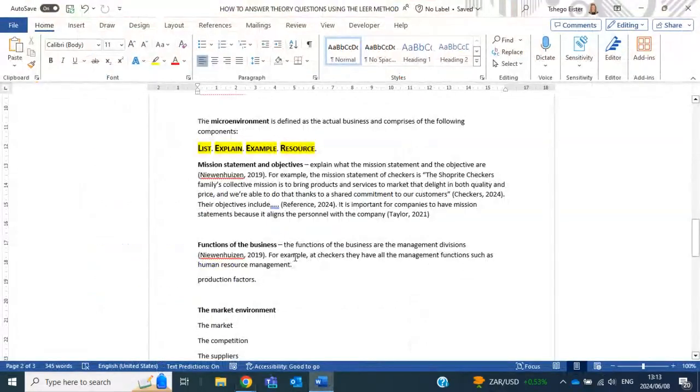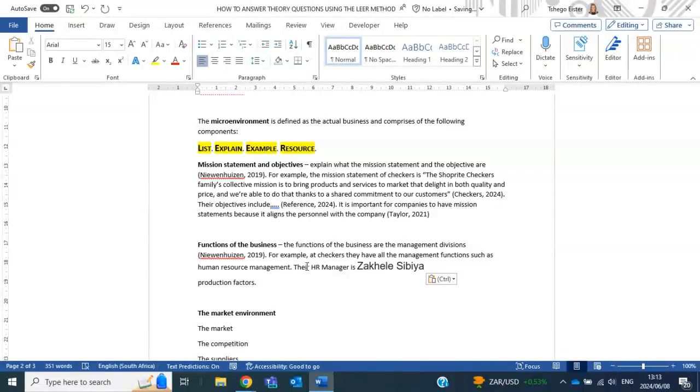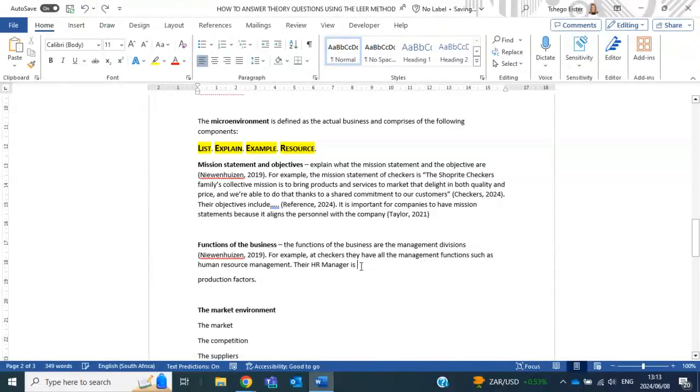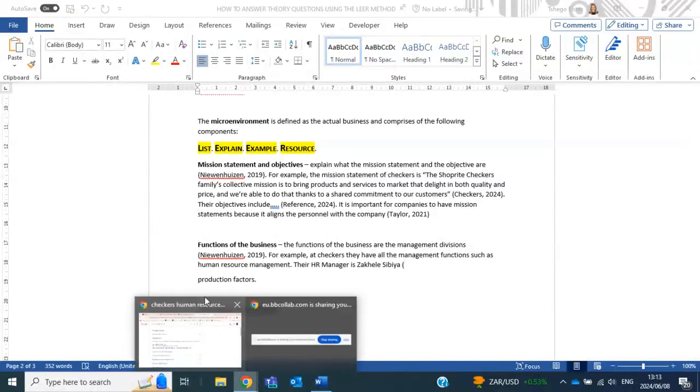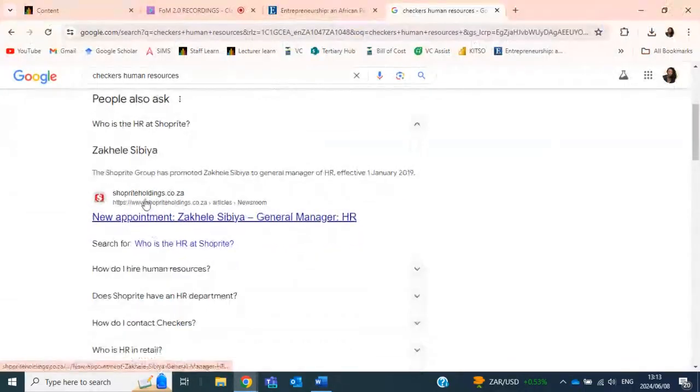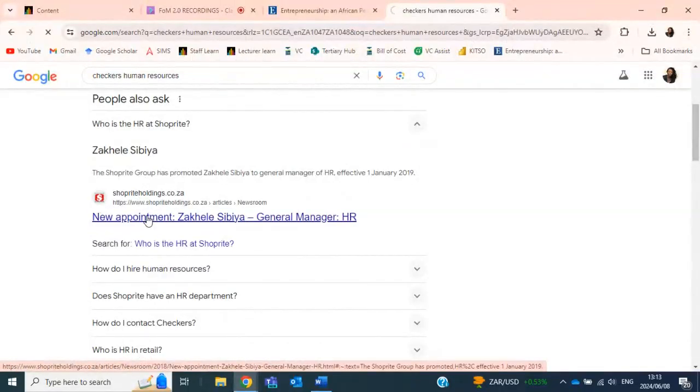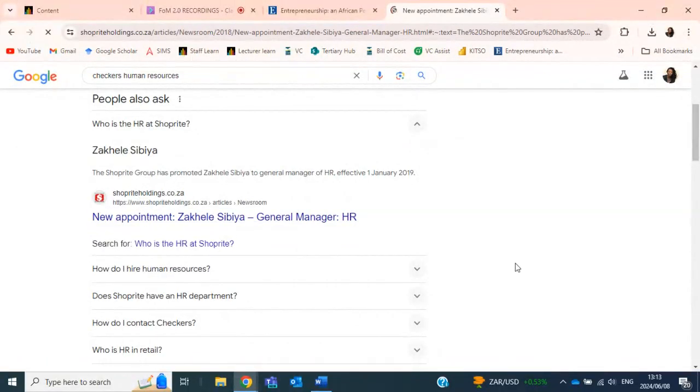So we'll say, for example, Checkers have all the management functions such as human resources, their HR manager is Zakele Sibia, and this we got from which website? shopriteholdings.co.za.